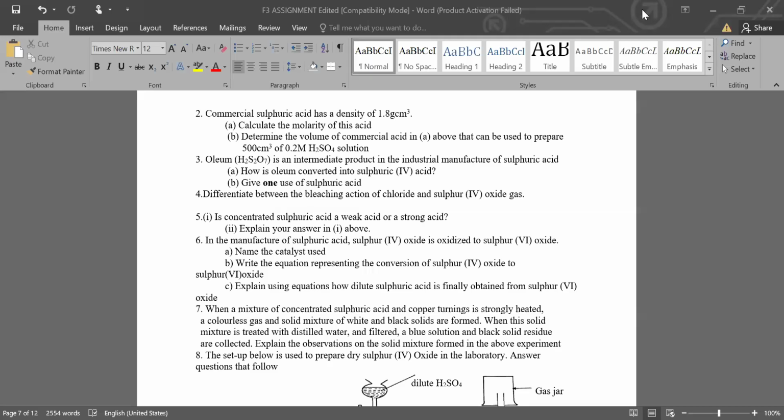Therefore, chlorine is a bleaching agent because it is able to form chloric 1 acid when it is put in water. And the chloric 1 acid is the bleaching agent because when we have a dye, we can give an example of a red dye, or red flower petals, or any colored substance, when chlorine is bubbled in its solution, because there must be water in order for the chlorine to bleach.